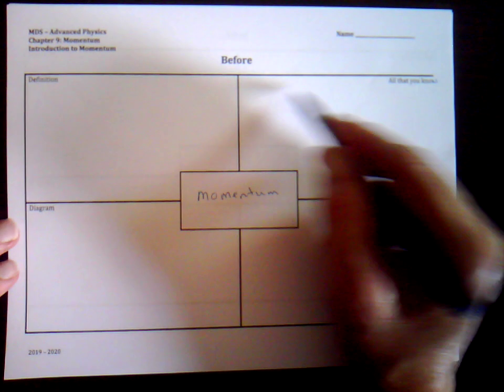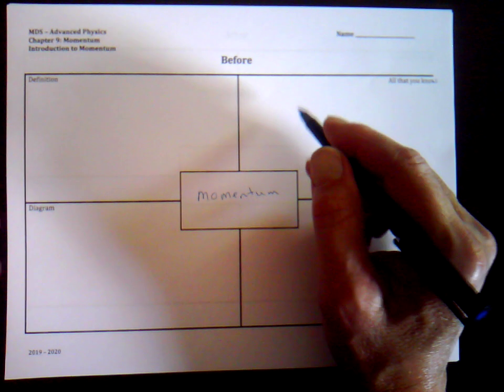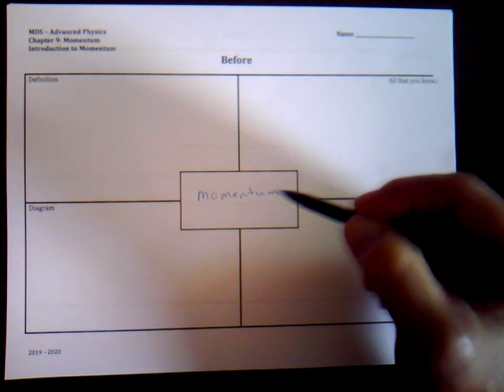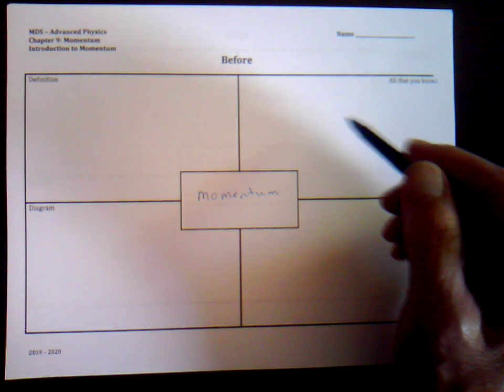You can write a bulleted list, just from memory, what you know about momentum. Again, it doesn't have to be right, but anything you know about momentum, write in that space right there. Pause the video. Take a minute or so to write everything that you know. Try and get at least 2 or 3 things about what you know about momentum. Anything at all, okay? So pause the video, take a couple minutes, see if you can do that.